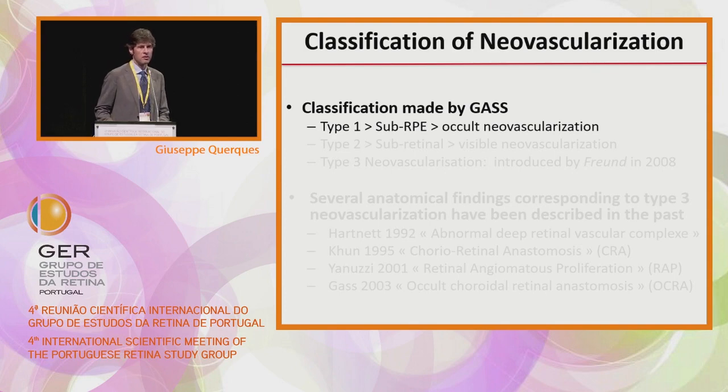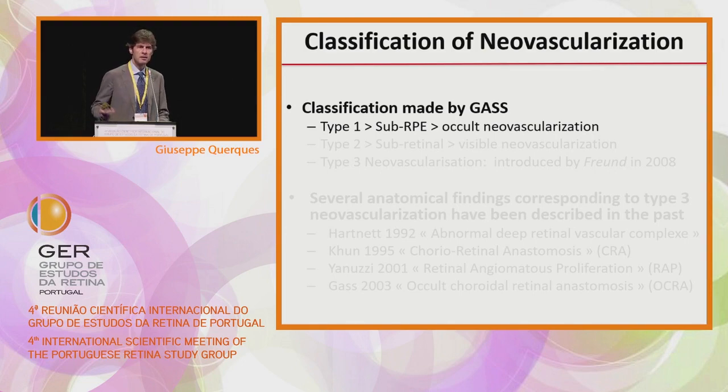The term choroidal neovascularization is no longer accurate, as we know that neovascularization may even develop in the context of AMD from the retina, like a type 3 neovascularization. So the consensus agreed to rename choroidal neovascularization as macular neovascularization. So you will see this term much more during my presentation.